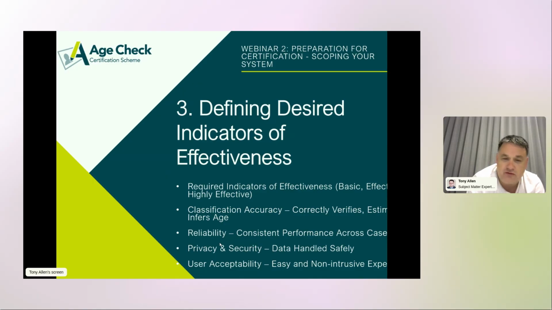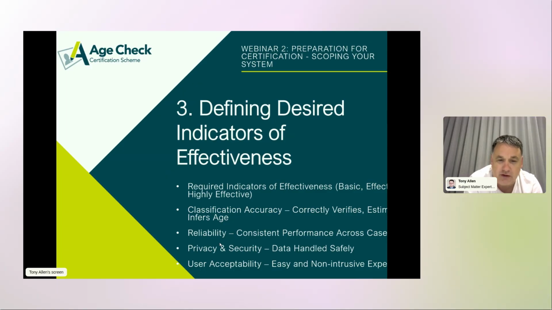And so for each component and your system overall, you need to decide whether you want it to be a basic system, an effective system, or a highly effective system. And that will affect the percentage rates for things like the false accept rate, the false reject rate, and it may differ across different jurisdictions. So understanding where you want to operate and any local requirements there is important.